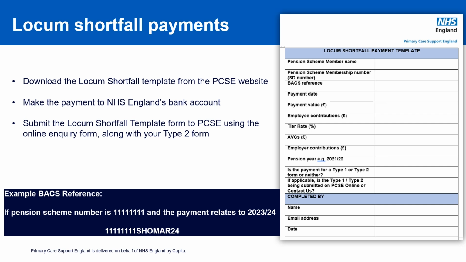We've used the example there of eight ones, but whatever your pension scheme number is, then SHO for shortfall, and then MAR 24 would be for the 23-24 year. That locum shortfall template needs to be submitted via the online inquiry form or the contact us form along with your Type 2 form.